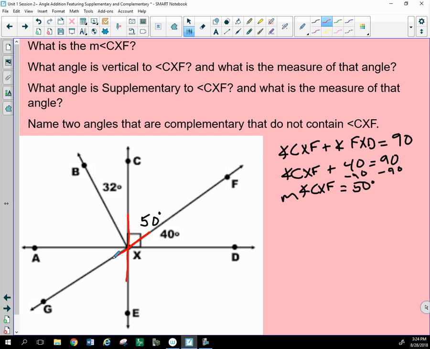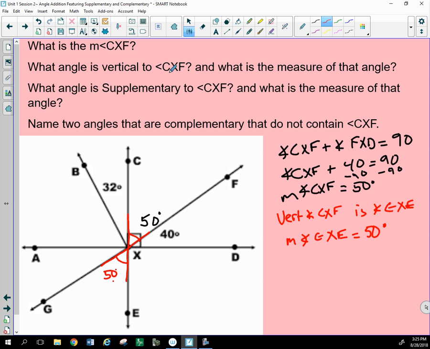So the angle that is vertical to that would be this angle down here, and so the vertical angle to CXF is angle GXE. What is the measure of that angle? If they're vertical angles, then the measure of angle GXE must be 50 degrees as well. So we have 50 degrees down there.